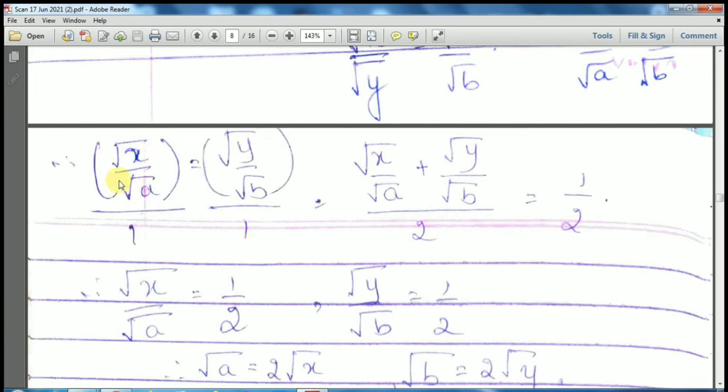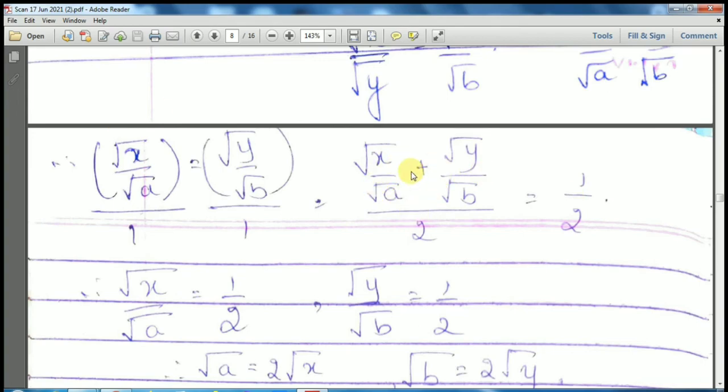If you add the numerators and also add the denominators, then the proportionality or ratio will continue the same. Now we are adding the numerator terms: root x by root a plus root y by root b. If you add the numerator, then we need to add the denominator also. So that will be 1 plus 1, which will be 2. The proportionality will continue the same.